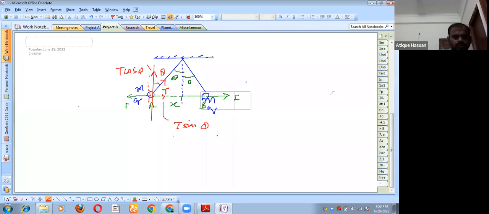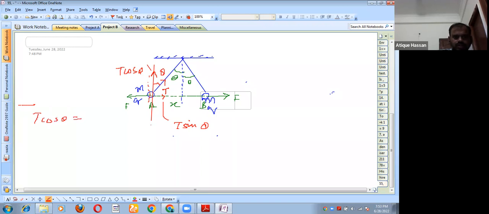For equilibrium, what should happen? The net force should balance. So T cos theta should be equal to the weight acting vertically downward, mg. So T cos theta equals mg. And T sin theta should be equal to F. Horizontal force should balance and vertical force should balance.